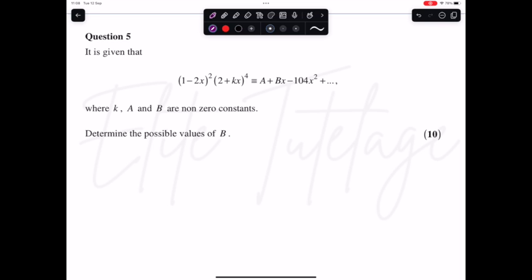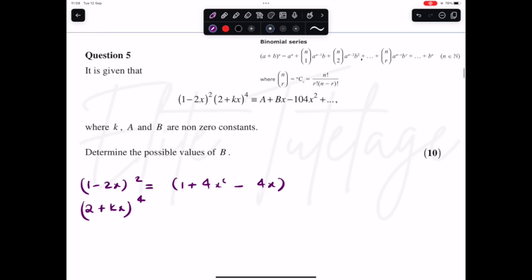And when I have to deal with the brackets, I am going to take my first one and expand it. All right, so let's do that first. And that will give me 1 plus 4x squared minus 4x. And the other one uses, as I said, binomial expansion. So here's a formula right up there on the side.